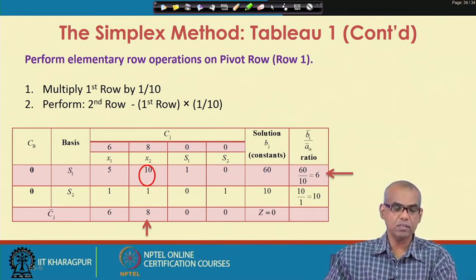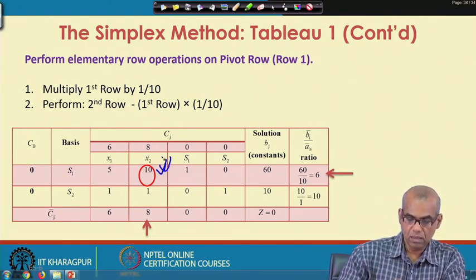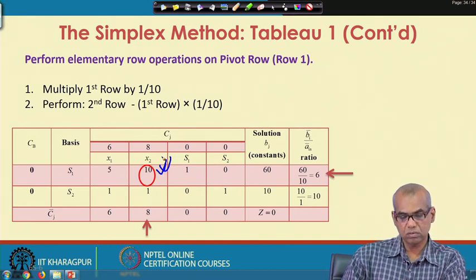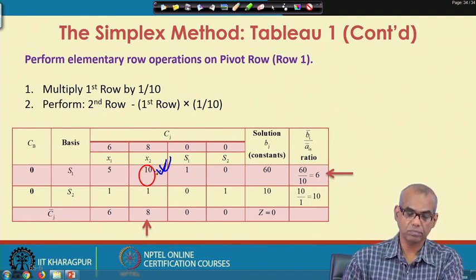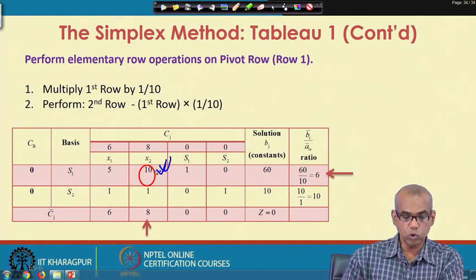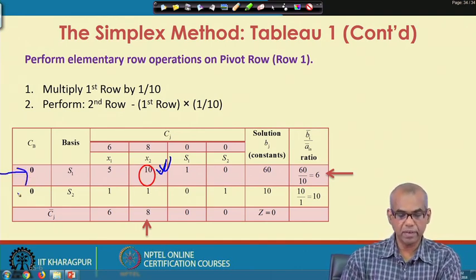So, now what we will do is we perform elementary row operations on the pivot row, that is row 1, and we will make the coefficient of x2 here as 1 and everywhere else 0 in this column. So, to do that, first what we do is we multiply the first row by 1 by 10.